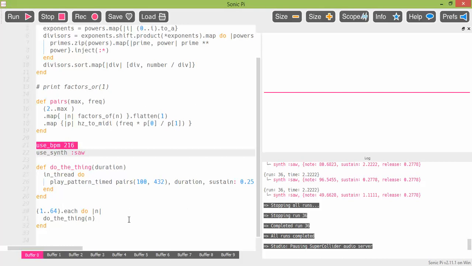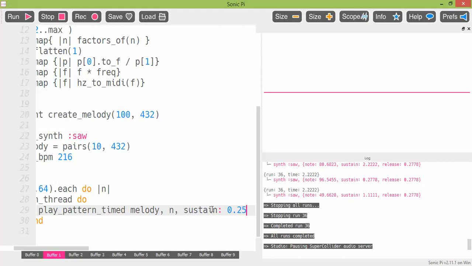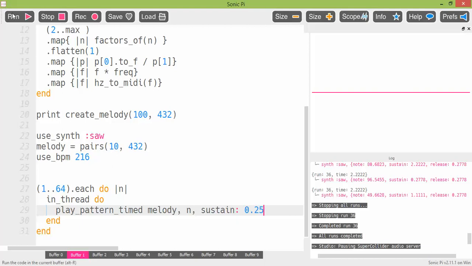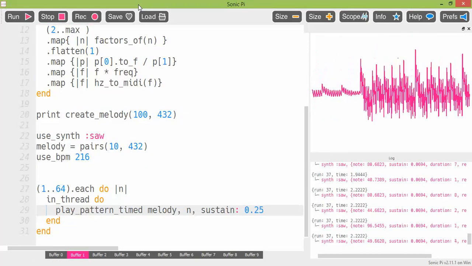Sustain, maybe? Oh, maybe you're right. Okay, let's give it the same sustain as before, 0.25. This just tells it how long to hold that note. Oh, okay. That was it. You nailed it.